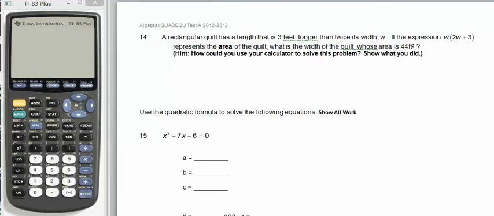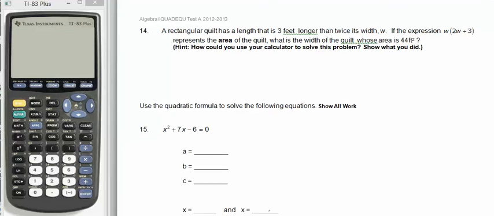All right, for number 14, a rectangular quilt has a length of 3 feet longer than twice its width. Okay, so I'm going to draw this. I hate trying to do these things without drawing them. Its width is W, and it's 3 feet longer than twice its width.